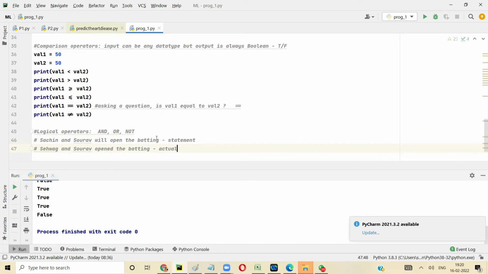Now you tell me, is my prediction right or wrong? Did I get it wrong or right? It is either true or false. It can't be 50% true or 90% true. Either true or false.